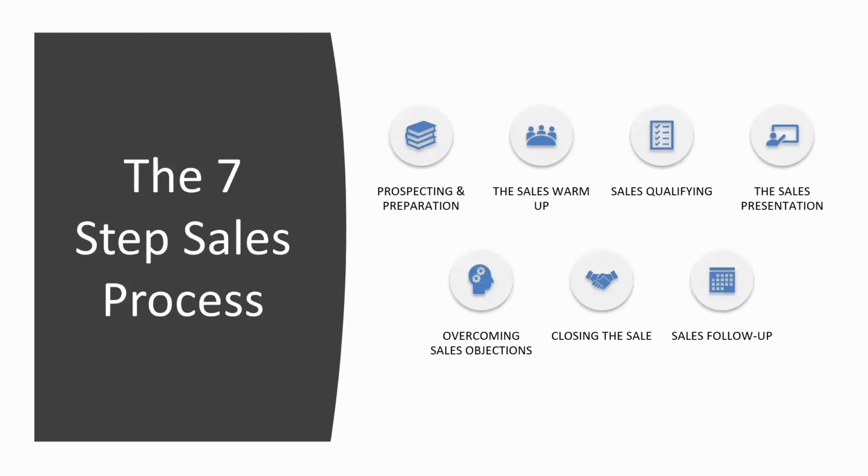Now, phase two of the 7-step sales process is the sales warm-up. This is when you meet with the client and you're sitting down with them. Finally, you've secured that appointment and you're breaking the ice and talking about everything except the potential sale, to get the client to relax. You're using the information that you gleaned from your prospecting and preparation phase.